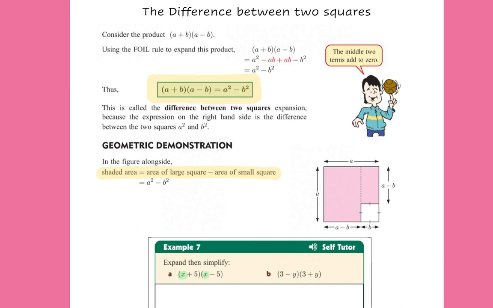We've got x plus 5, x minus 5. So the same expression, but one's a plus, one's a minus. So we could expand this out, or we can use this shortcut.